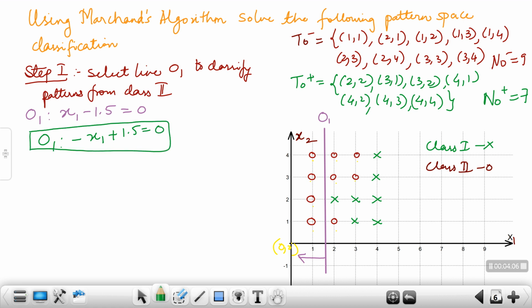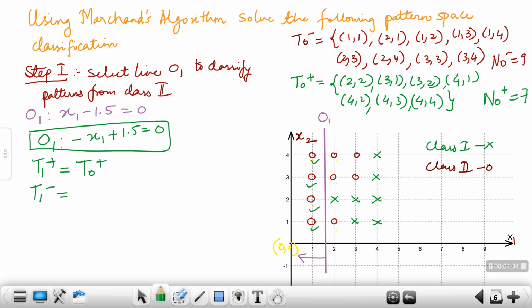Now, which are the points which are getting classified here? These are the points which are getting classified. So we find T1 plus. Are any points getting classified from class 1? No points are getting classified. So rather than writing that big set, I write T1 plus is equal to T0 plus only.